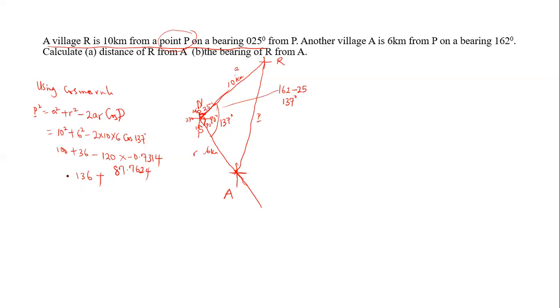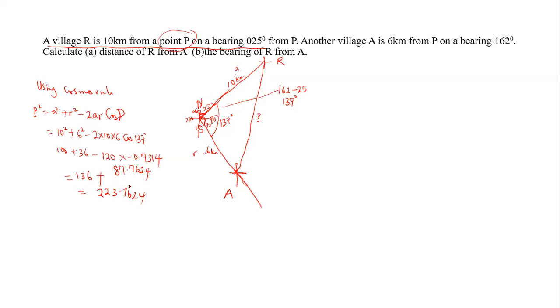So add them. Addition of everything will give us 223.7624.